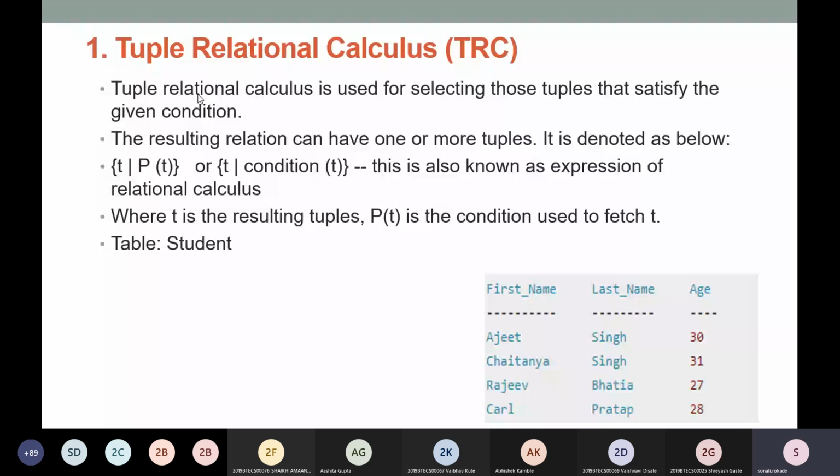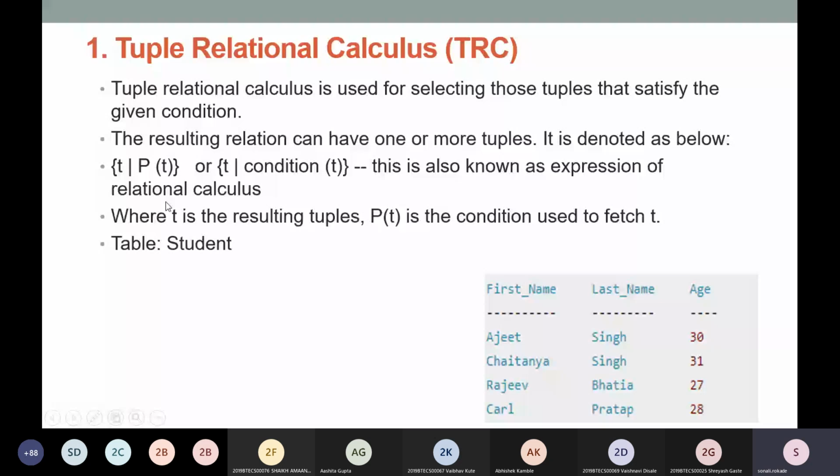In another way, we can say that this calculus is used for selecting those tuples which satisfy a particular condition, and with the help of this you can retrieve a number of tuples. There must be a specific condition applied for the process of retrieving tuples. And this is the mathematical representation of tuple relational calculus.